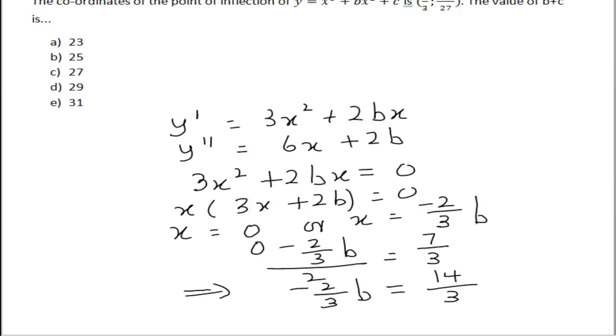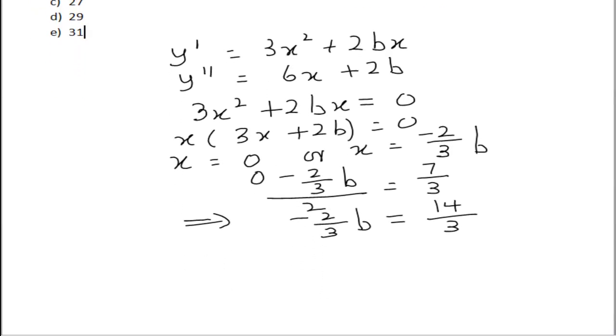So you notice straight away we have minus 2b is equal to 14 and b is equal to minus 7.